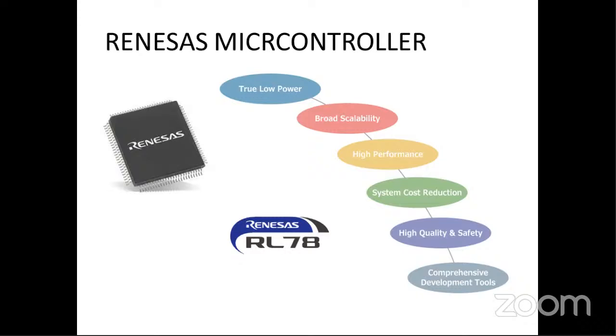Now, what are the general features of your microcontroller RL78? It is called an ultra low power device. The current handling capacity starts from 0.6 microampere, so it consumes very little current, therefore it is a low power device.